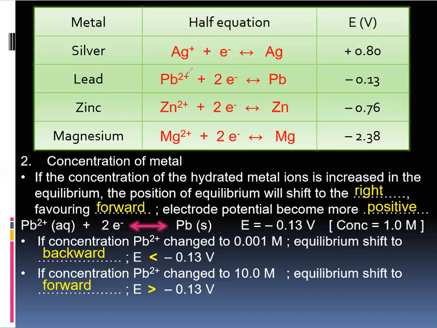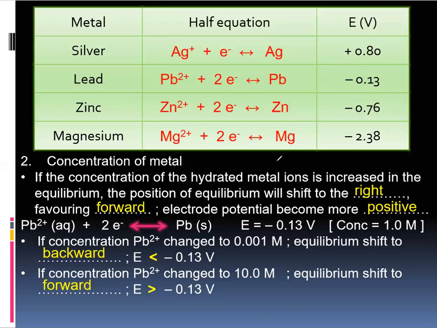So as the electropositivity of the metal is increasing, you can see what is happening to our electrode potential value. The electrode potential value is getting more negative. You can see from 0.80 to minus 0.13 to minus 0.76 to minus 2.38.